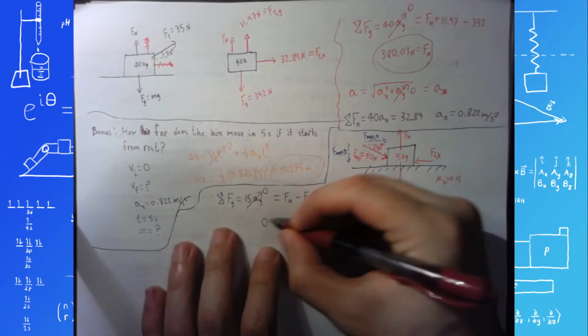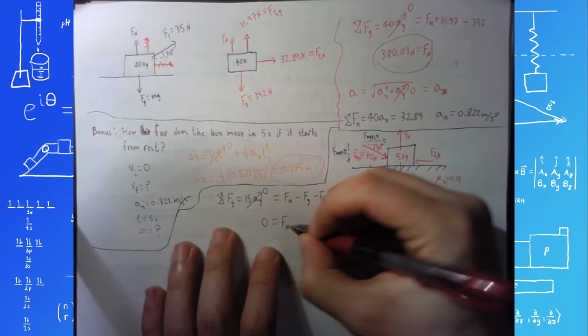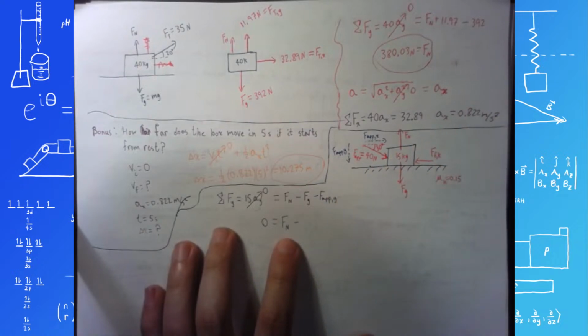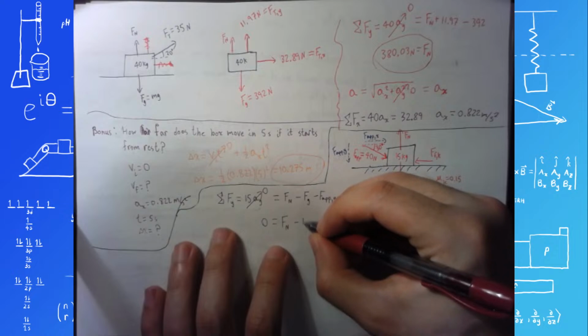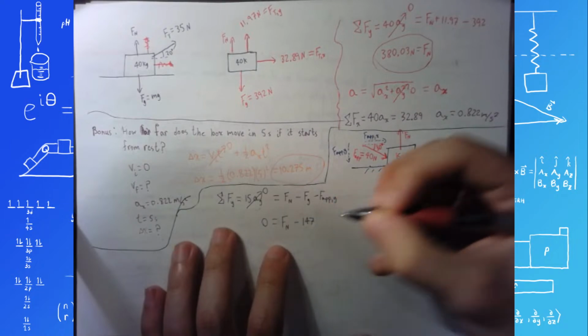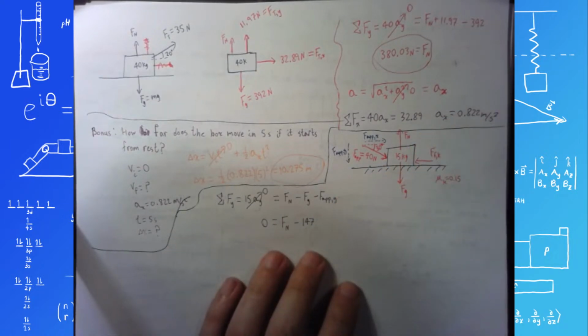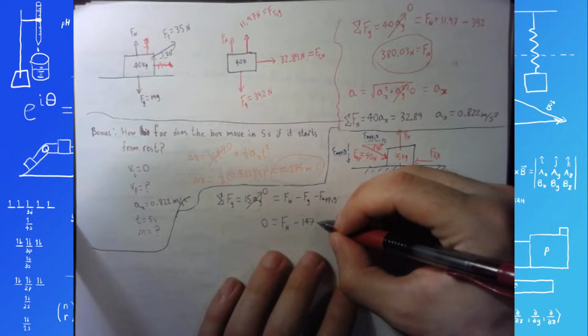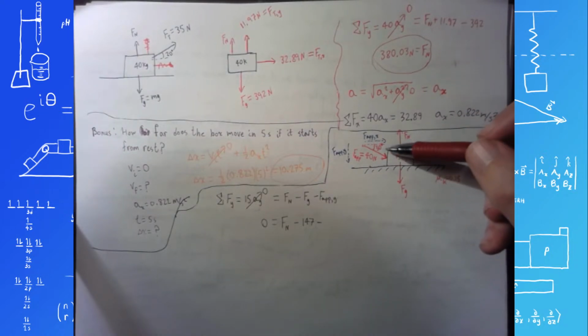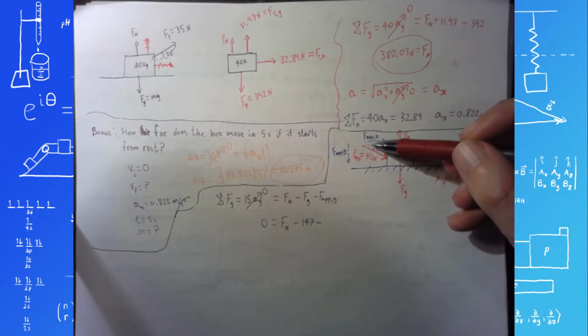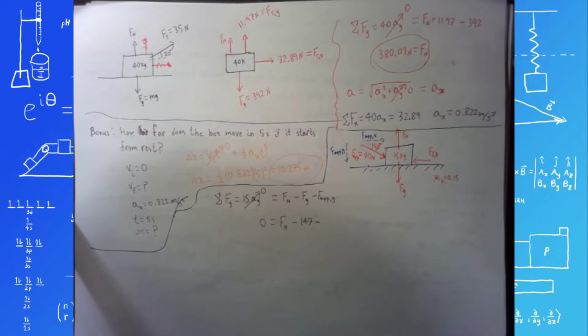And then let's see, so 0 equals the normal force minus mg. 15 times 9.8 is 147. And I know that because I've been teaching physics for too long. Minus force applied y. That's going to be 40 times, is it sine or cosine? Well, the 30 degrees is touching the horizontal part.